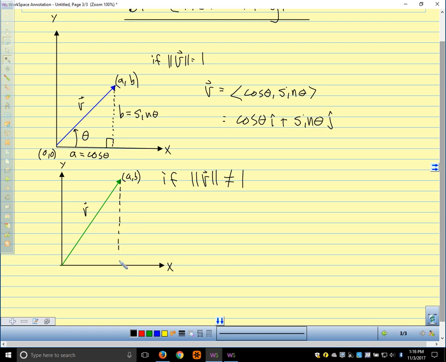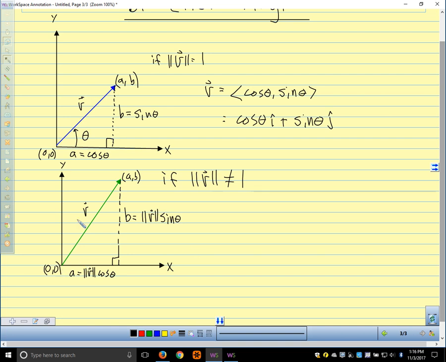We're going to draw a right triangle here. And this is still the origin. Well, in this case, a is the magnitude of v times the cosine of theta. We're using the adjacent over hypotenuse ratio here. And b is the magnitude of v times the sine of theta.